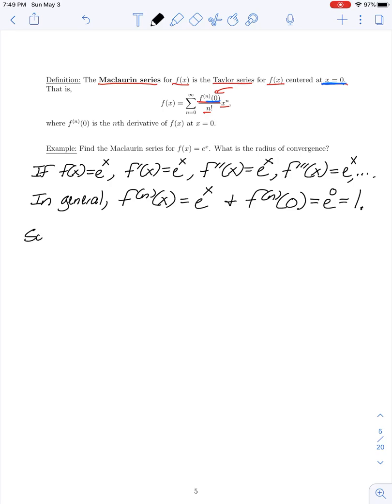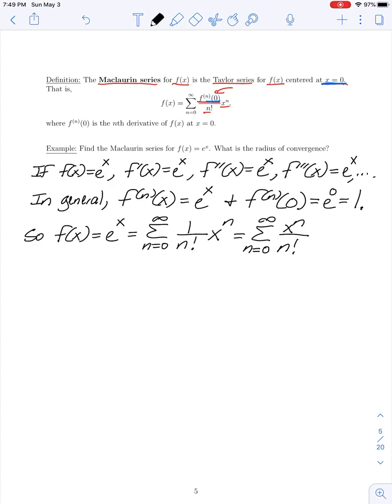So to find our Maclaurin series for f of x, which was e to the x, we would be taking the sum from n equals 0 to infinity of our nth derivative evaluated at 0, which we just found to be 1, divided by n factorial times x minus 0, or just x, to the nth power. Or to be a little more concise, we might write this as the sum from 0 to infinity of x to the nth power over n factorial.